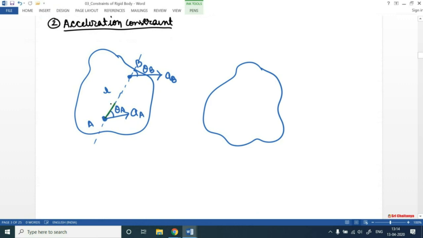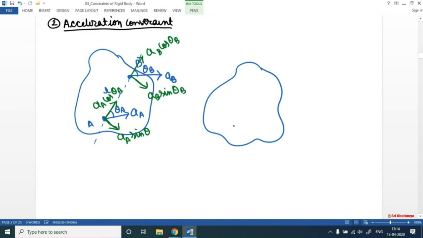So this is going to be AA cos theta A, and this is going to be AA sin theta A, and this is going to be AB cos theta B, and this is going to be AB sin theta B.